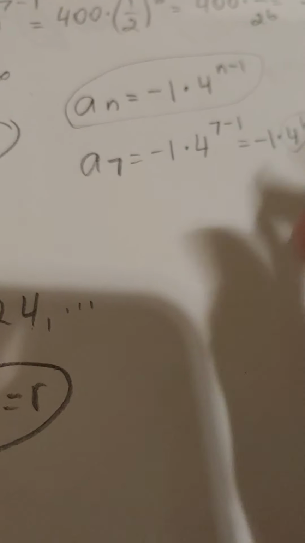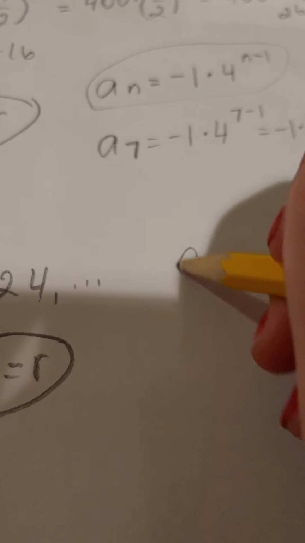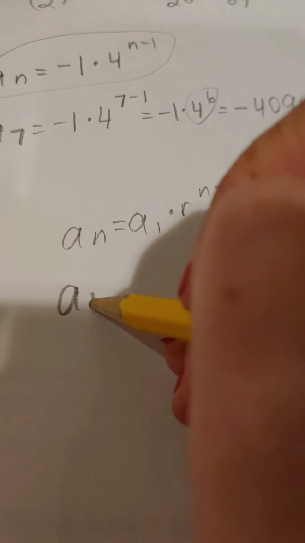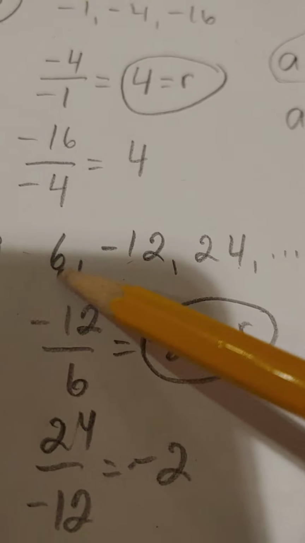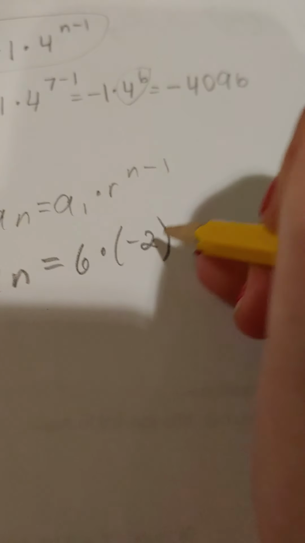I'm going to write down the formula. I don't even know where that formula is now. So a_n equals a_1 times r to the n minus 1. I have to figure out a_n. My first term, a_1, is 6, the first number. So 6 times r, which is -2, and the power is going to be 7 minus 1.